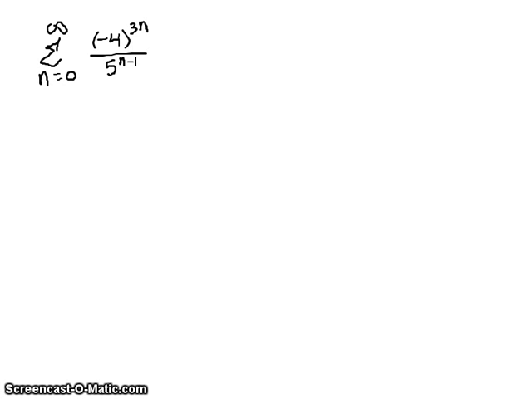We have to manipulate. We're starting at n equals 0, so we want our exponents to be of n. Right now in my numerator, we have to the 3n. So if we mess with our exponents a little bit, we can rewrite that as negative 4 to the 3 to the n power. And just like we did before, we can say 5 to the n times 5 to the negative first power.